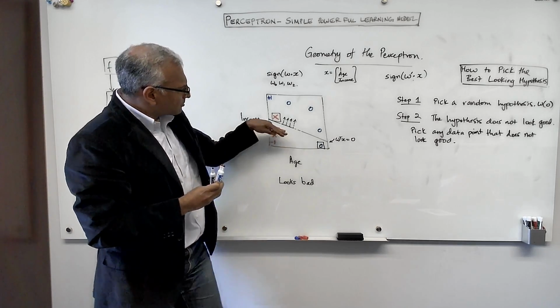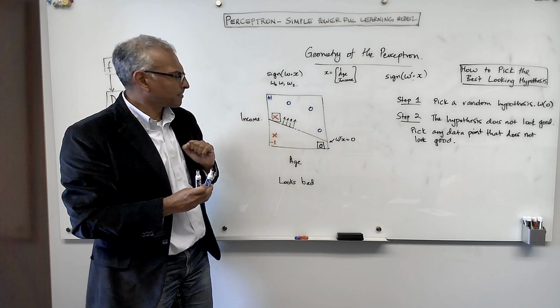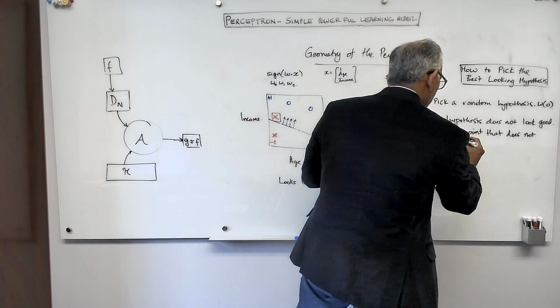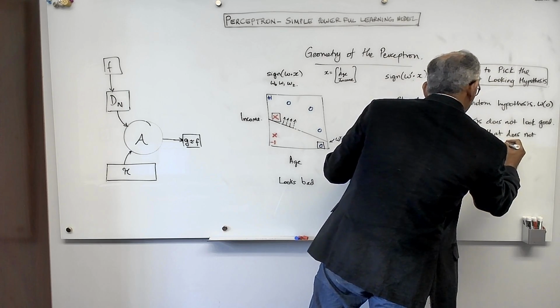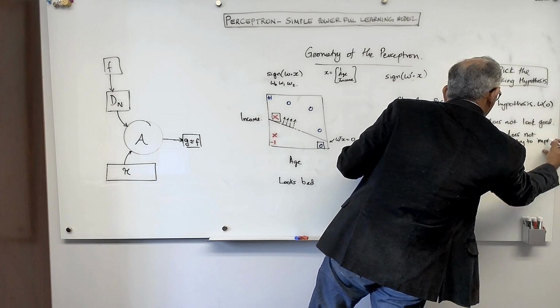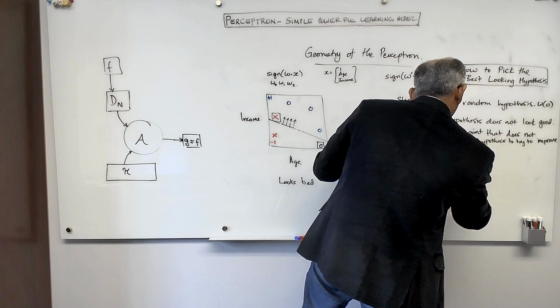Why? Because by moving it in this direction, we're trying to make this guy look good. Move hypothesis to try to improve that bad point.